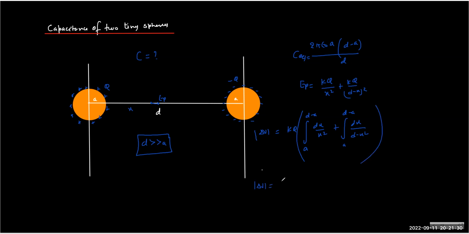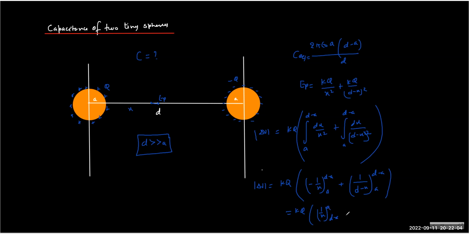So how much is this? Minus 1 by x, so this will become minus plus, like this, which is like 1 by x from a to d minus a.